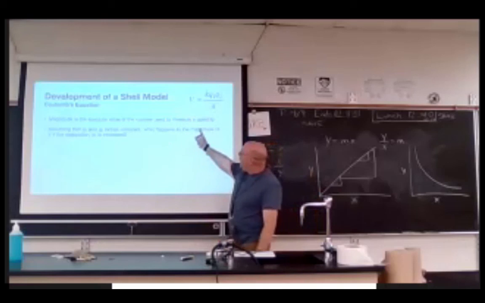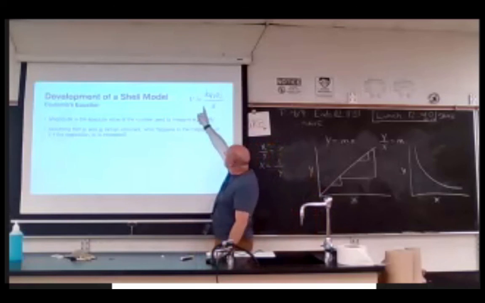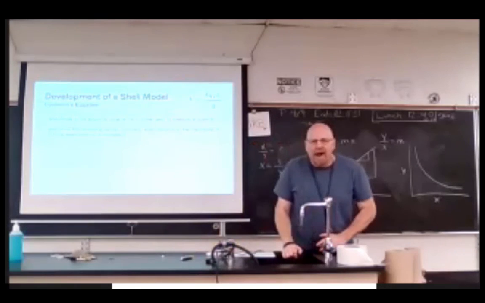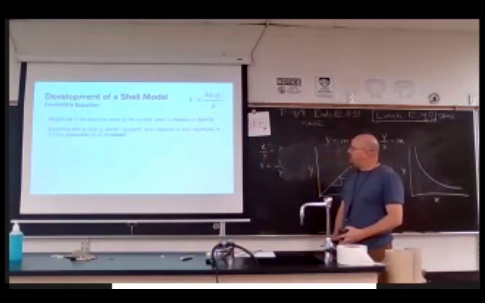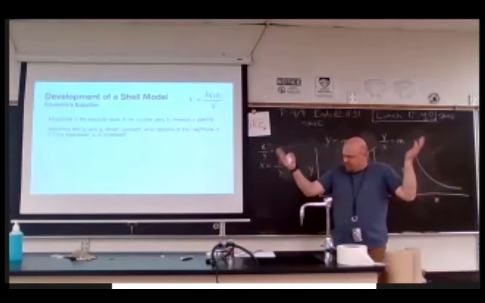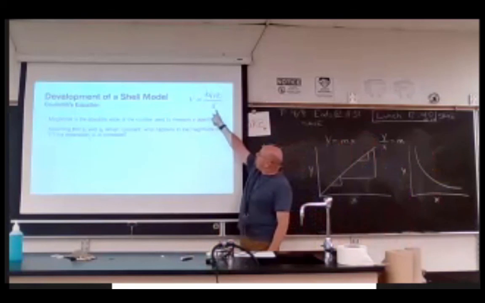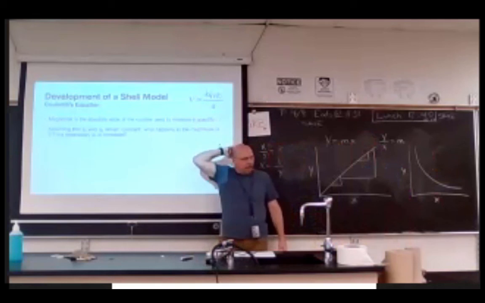What happens to the potential energy, this V? The potential energy decreases. Why? Because in that equation you're dividing by d, and if you're dividing by a larger number, then the end result will be smaller. So if this goes up, the value for this is going to go down.